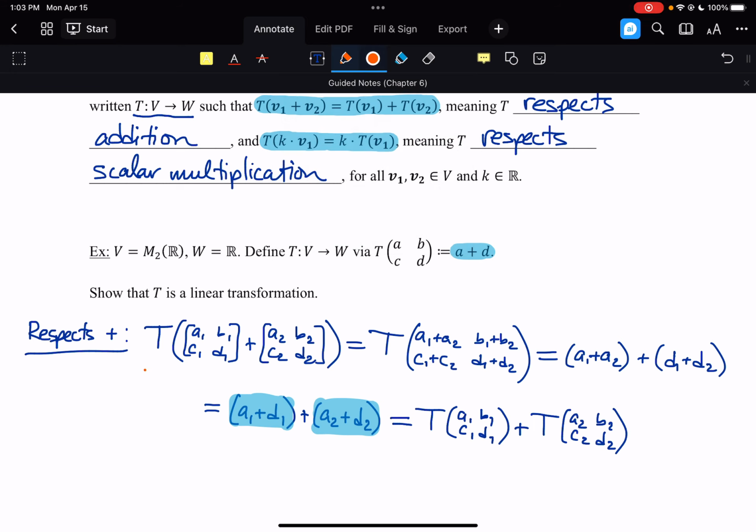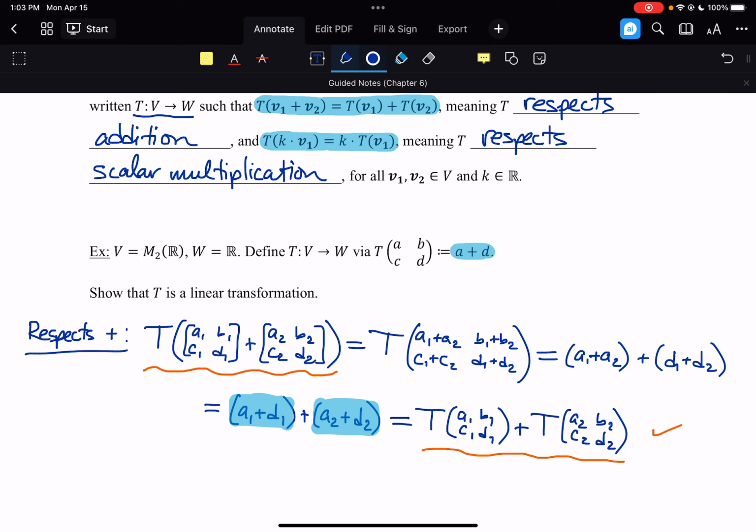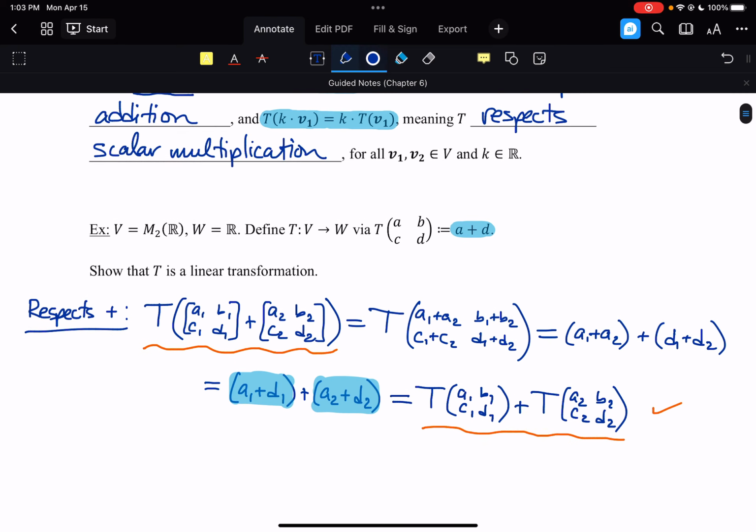So we have that the transformation of the sum is equal to the sum of the transformations. So this one does check out. It does respect addition.